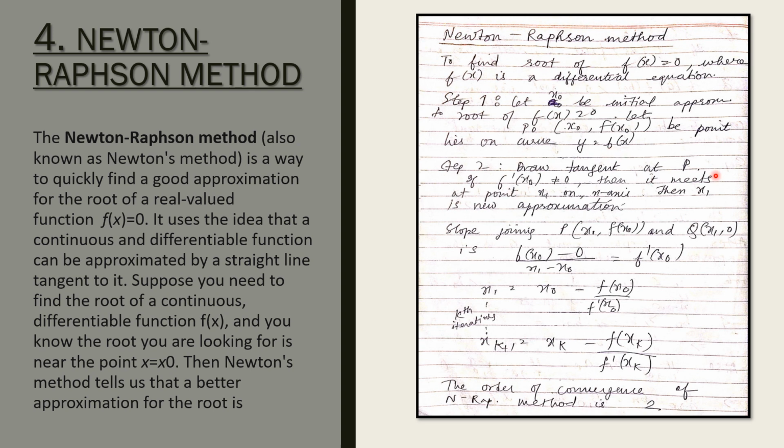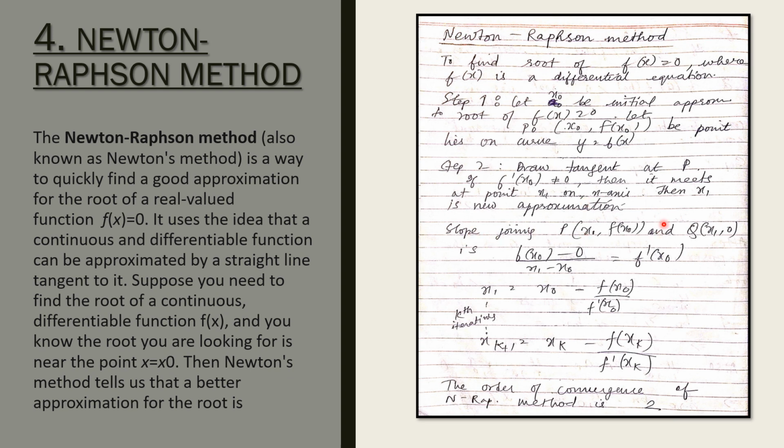Now draw a tangent at P. We can calculate the tangent slope by differentiating the function at that particular point. Then it meets the x-axis at a point x1. Then this x1 is the new approximation. Now you begin the process again with x1, which will be the new approximation.